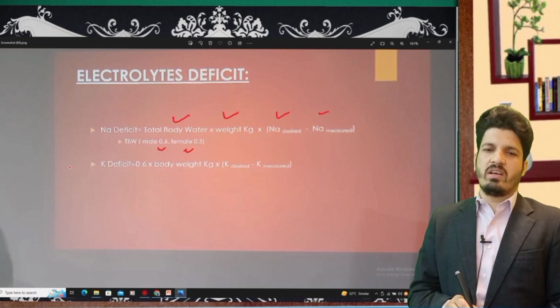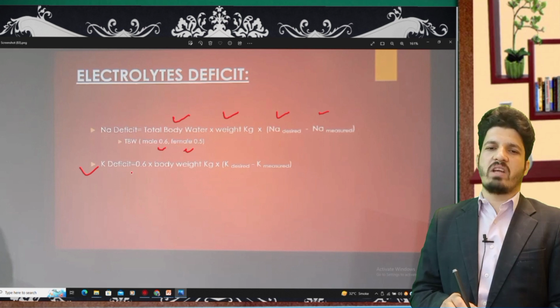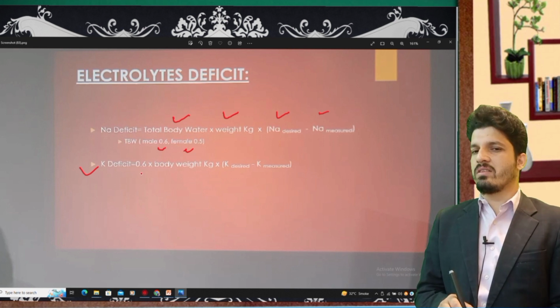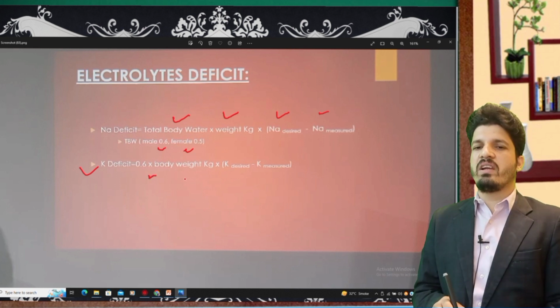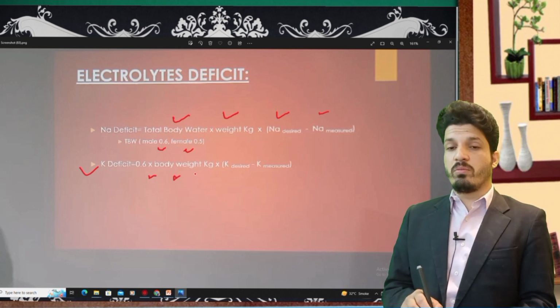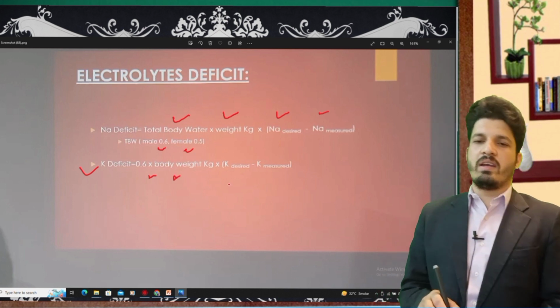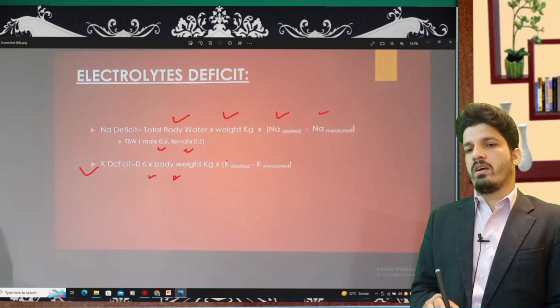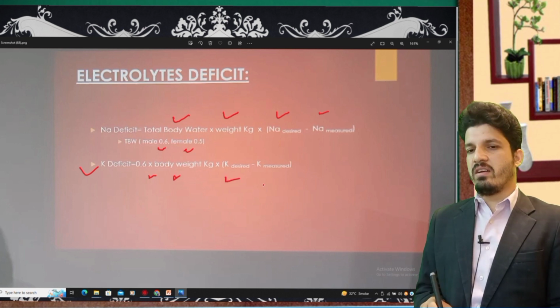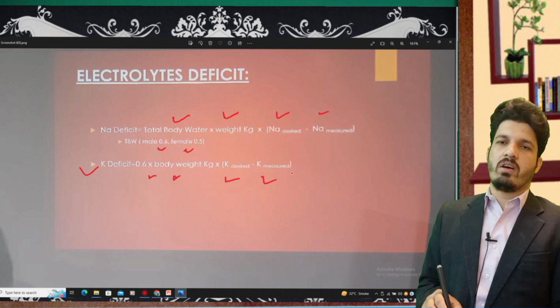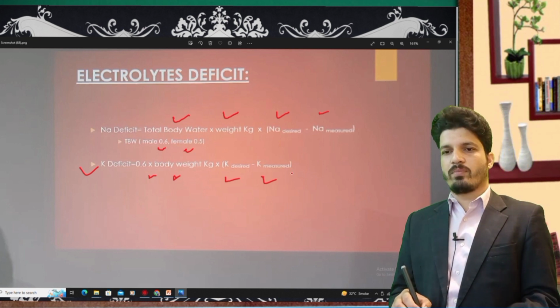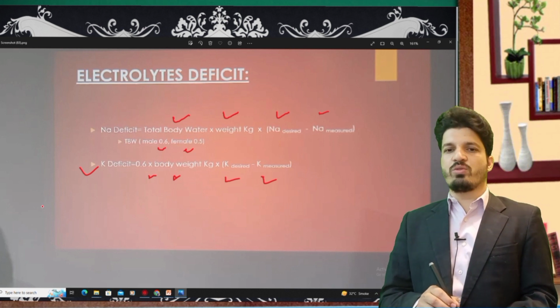In the same way, the potassium deficit is 0.6, that's the total body water, multiplied by weight in kg, multiplied by potassium desired minus potassium measured from your lab values. This is the formula which you have to remember.